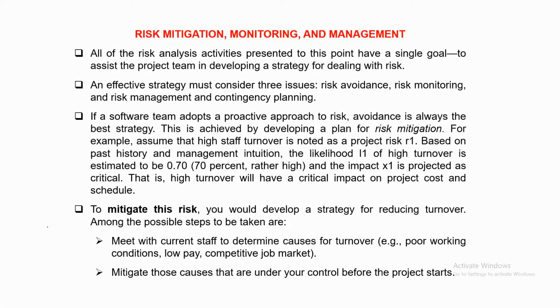So for example, assume that high staff turnover is noted as project risk R1. High staff turnover means many experienced people are leaving that particular project. Based on the past history and management intuition, the likelihood of high turnover is estimated as 0.70. 0.70 means there is a 70% probability that high turnover will happen.